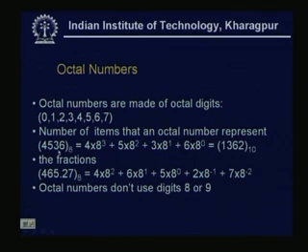If it is 4536, then the last digit is in the 0th position because there is no fraction here, 3 is in the first position, 5 is in the second position, and 4 is in the third position. So it is 4 into 8 to the power 3 because the base is 8, 5 into 8 square, 3 into 8 to the power 1, 6 into 8 to the power 0.